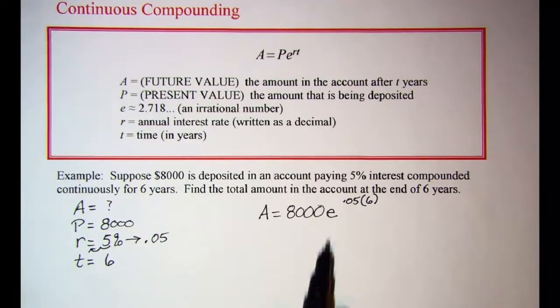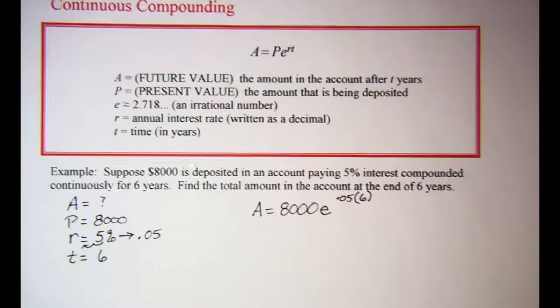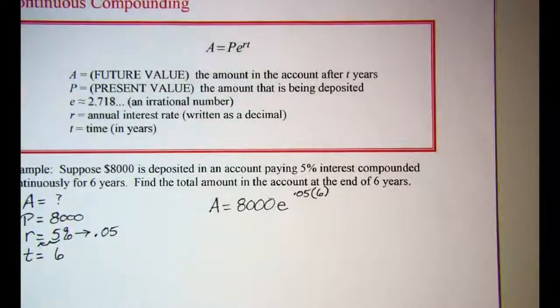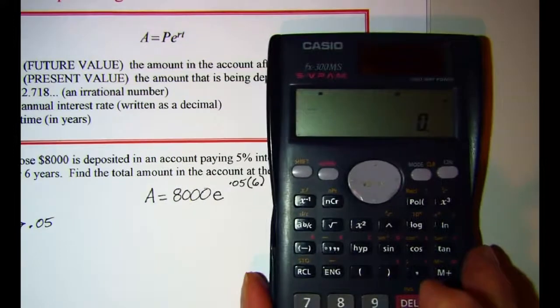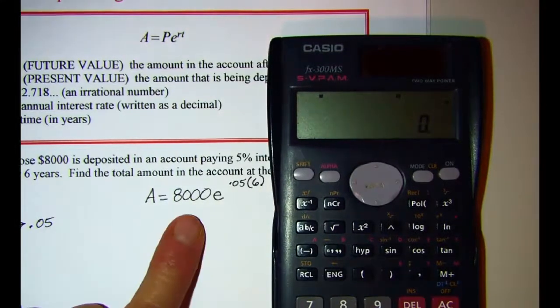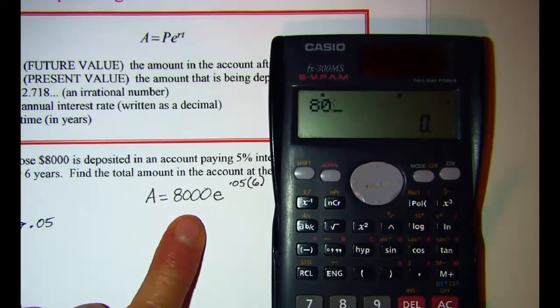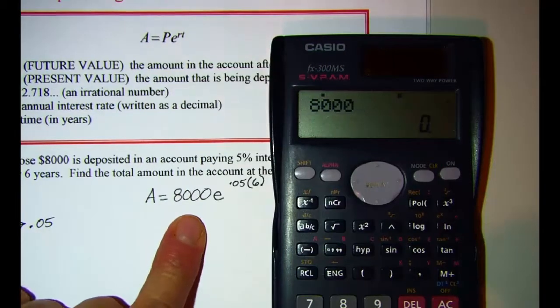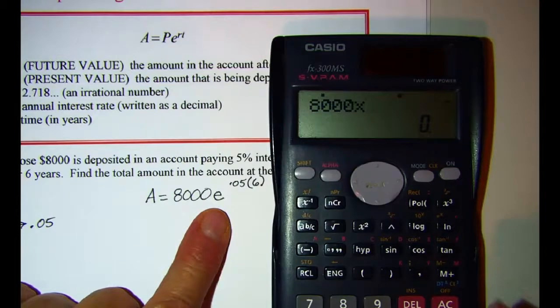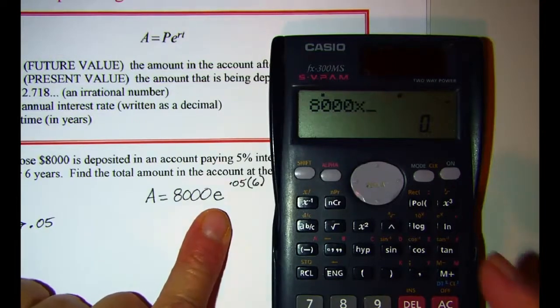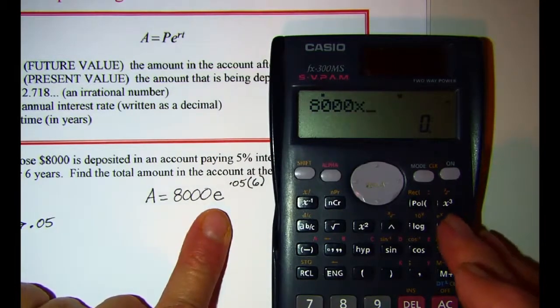Alright, so all of the math here on the right side we can do on the calculator. Let's use this one first. So we have 8,000, and then multiply that. You can use the times or just put the letter.